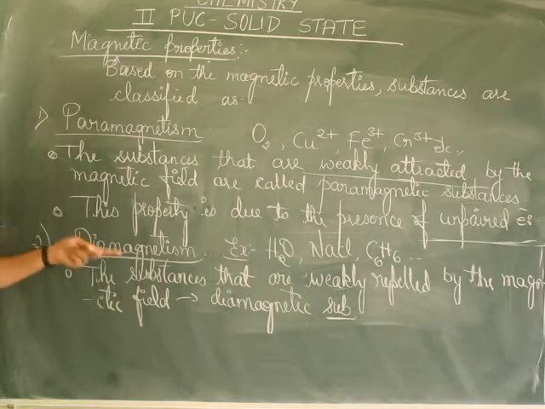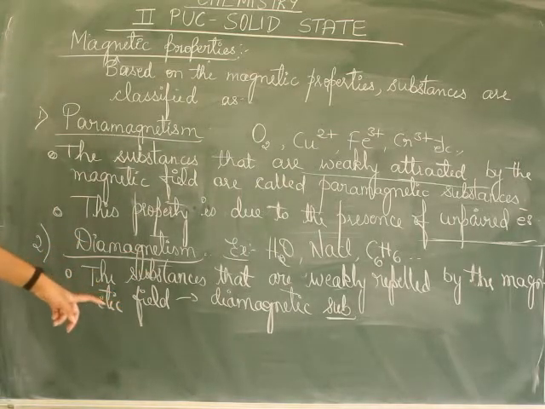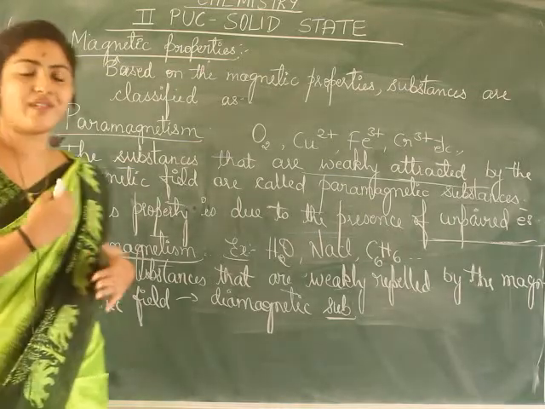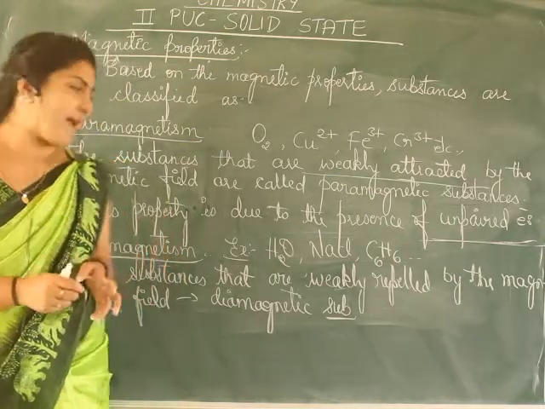And here you know the example I have given: water, NaCl, benzene. All these are the examples. So that means they are weakly magnetized. Opposite to the magnetic field, they are weakly magnetized.